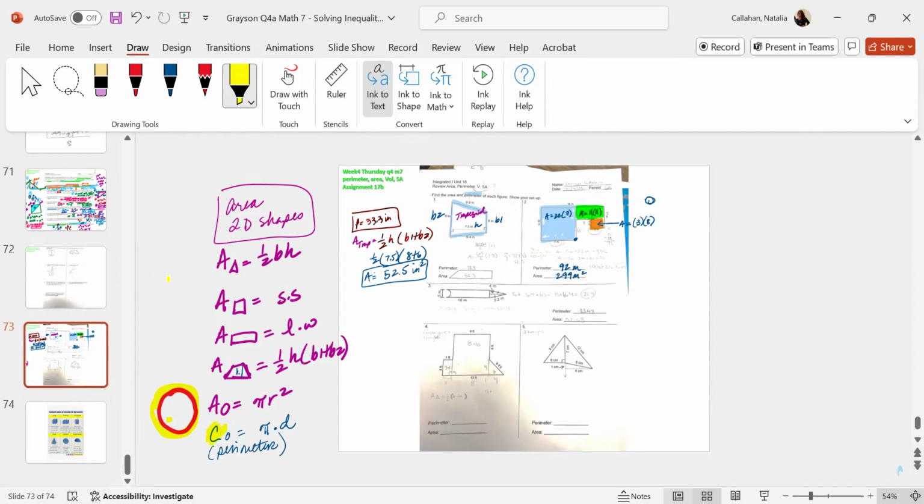That is the circumference. Does that make sense? And the reason I'm telling you this is because you look at the next question right there. Do you see how there's like a semicircle right there? Like a half circle? So we would need to do that, okay?